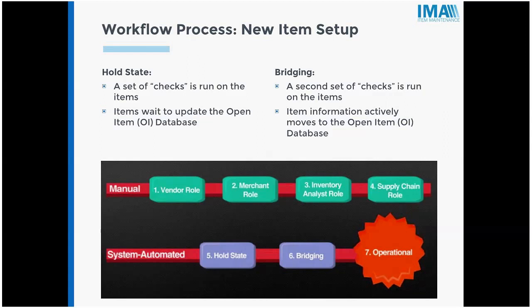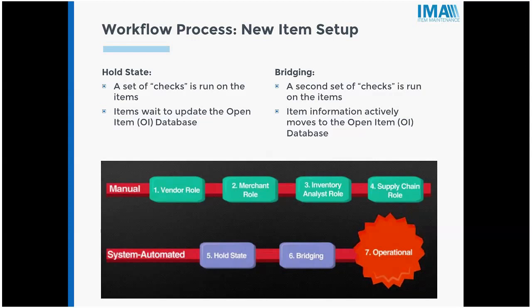Once it passes through hold state, it goes to the bridging role. Now for our Kmart items, it's going to go through bridging very quickly and go straight to operational. Our Sears items are going to take some time within the bridging role. A second set of checks is run, and this is also where all of the information for the Sears item, such as from the core tab, gets exported to our core legacy system.